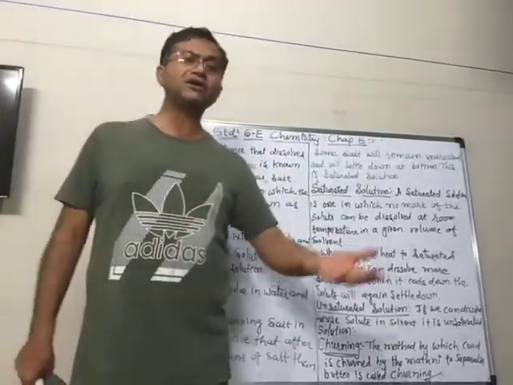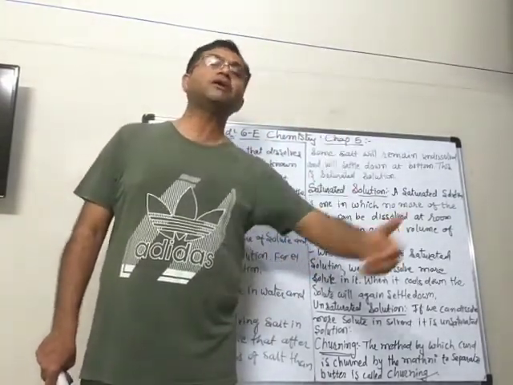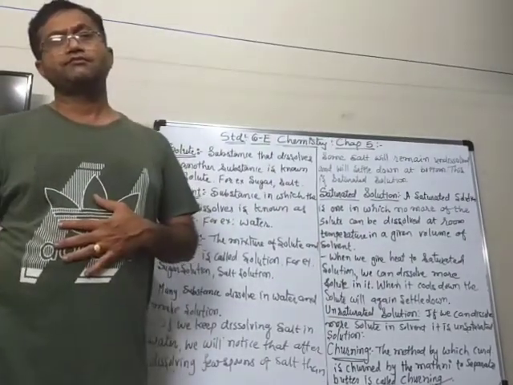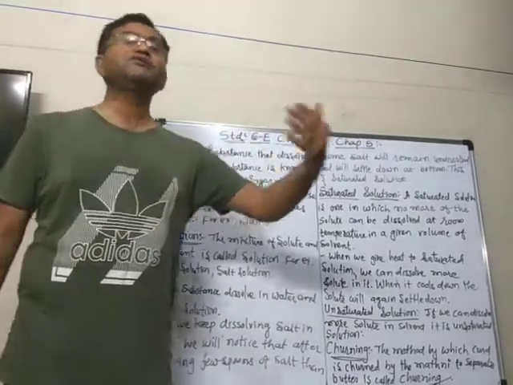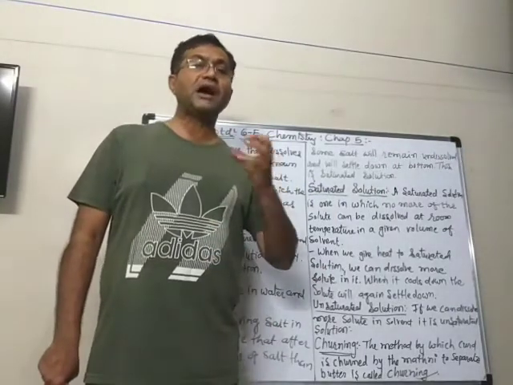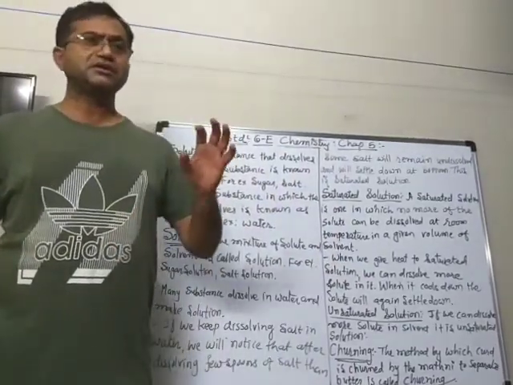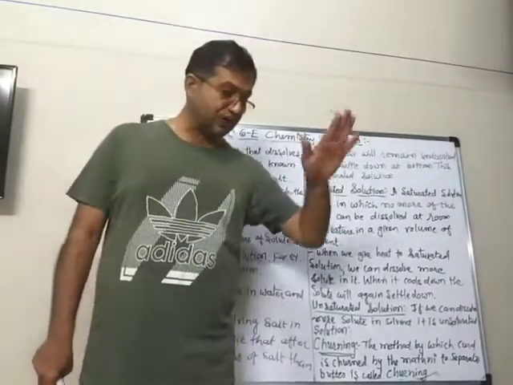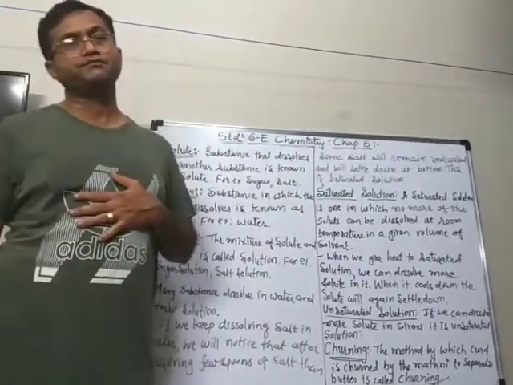If you take more water, then you can again add some more salt and it can be dissolved. But then also, after another few teaspoonfuls of salt are dissolved, again it will be the same position, that the salt will not get dissolved and it will settle down at the bottom of the beaker.